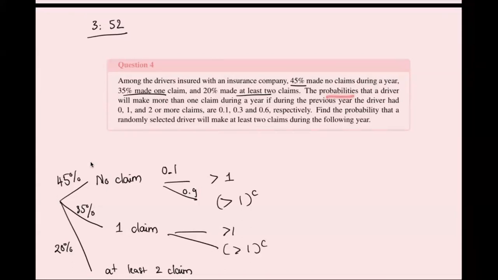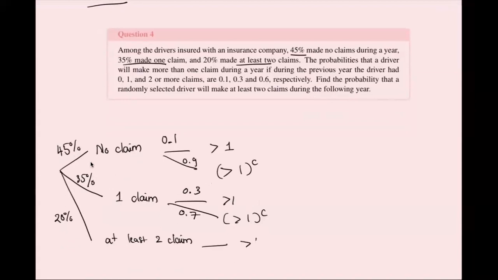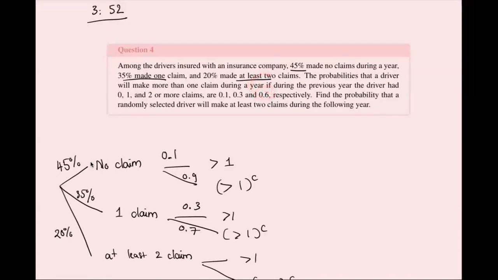The probability that the driver makes more than one claim if they had one claim in the previous year is 0.3, which means the complement is 0.7. The last one I will have 0.6.